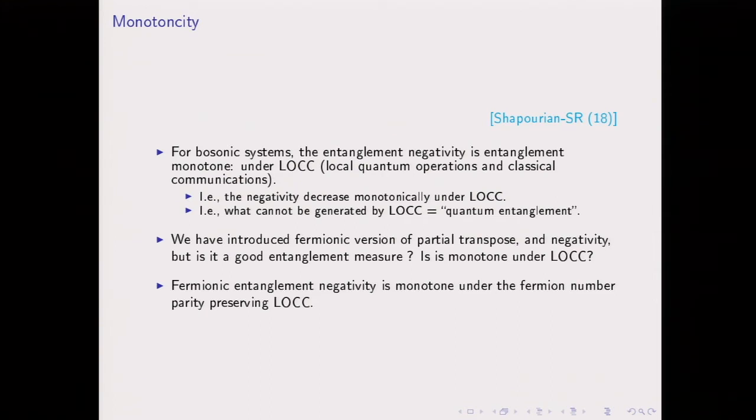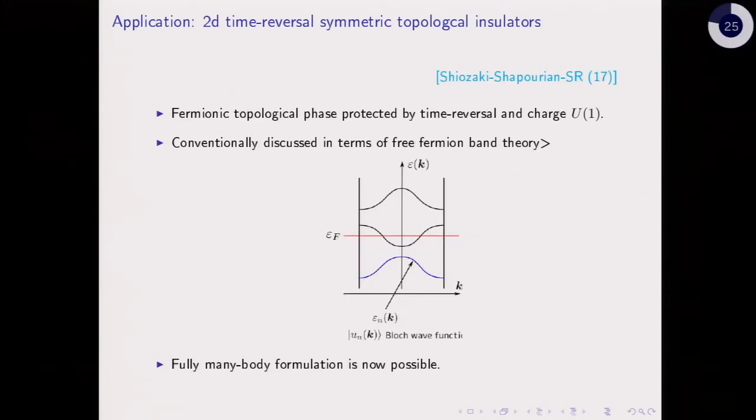Okay, the second application, the final point, is that beyond the Kitaev chain, we can also discuss other topological phases protected by time reversal symmetry. I think the most famous one would be the topological insulator, let's say in 2 dimensions, which is the topological phase protected by time reversal and particle number conservation, U(1).